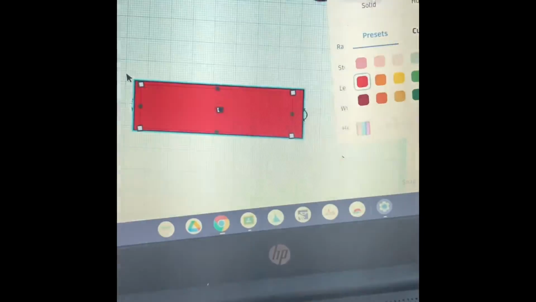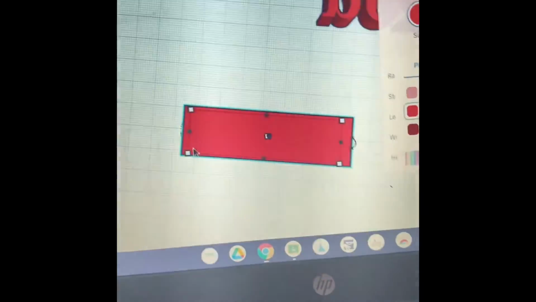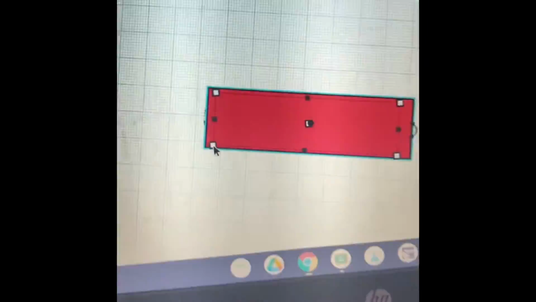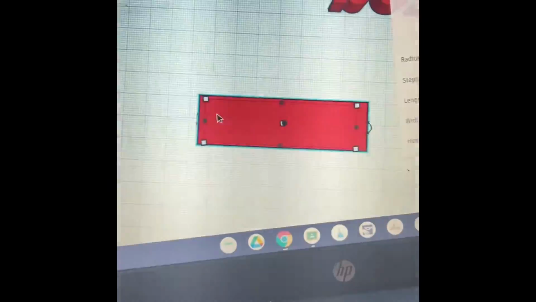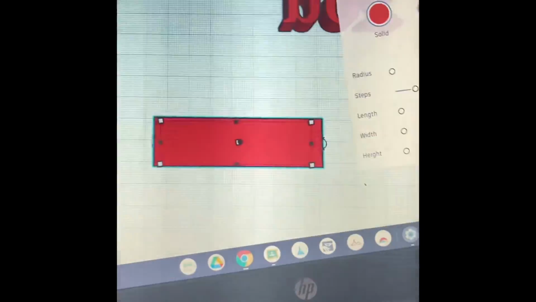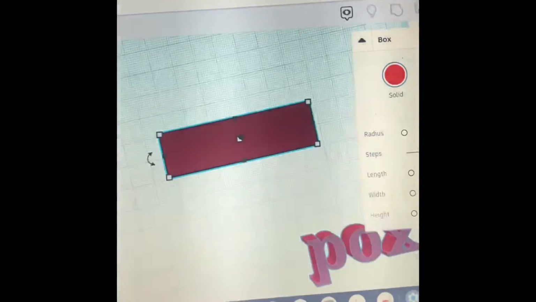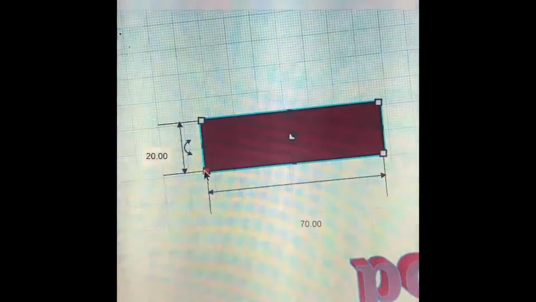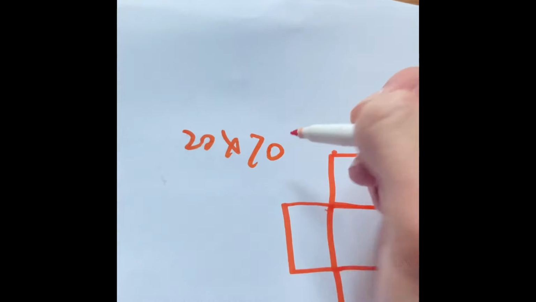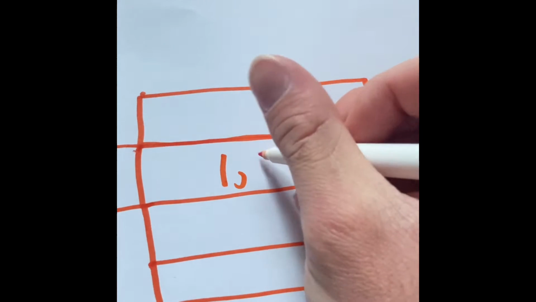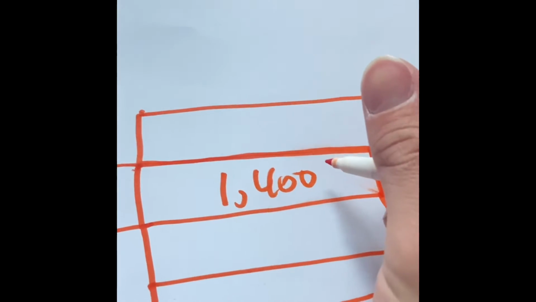The dimensions for A equals base times height are 20 multiplied by 70, and we'll get the area for this rectangle on the top. We also get to find the area on the bottom, because it has the exact same dimensions. When we calculate 20 multiplied by 70, we get 1,400.